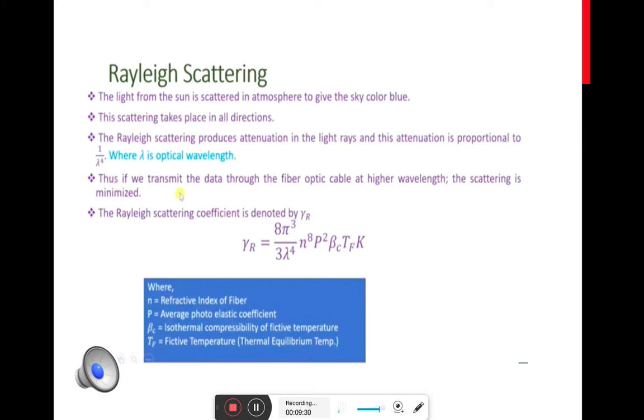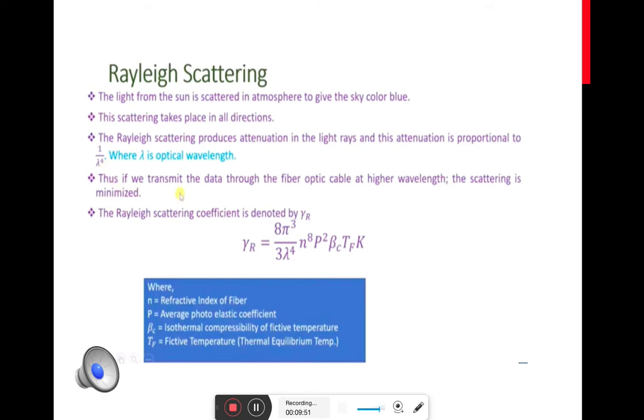Rayleigh scattering takes place in all directions. Rayleigh scattering produces attenuation in light rays, and this attenuation is proportional to 1 by lambda raised to 4, where lambda is the optical wavelength. From this expression, we can understand that lower wavelengths have higher scattering and higher wavelengths have little scattering.